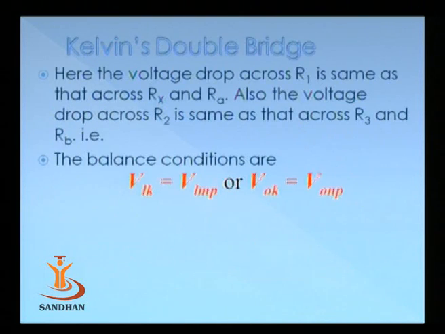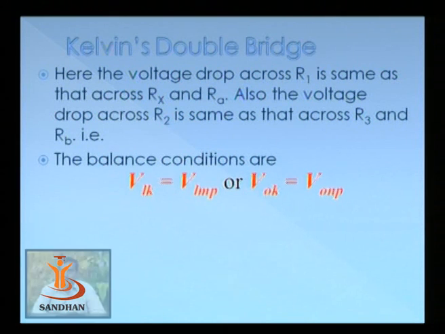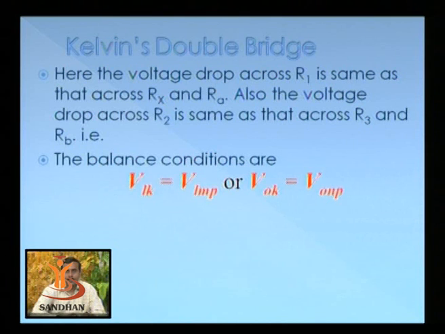Now in this condition, the voltage drop across R1 is the same as the voltage drop across Rx and Ra, and also the voltage drop across R2 should be equal to the voltage drop across R3 and Rb combined. That is, in this case, VLK should be equal to VLMP, and VOK is equal to VONP.